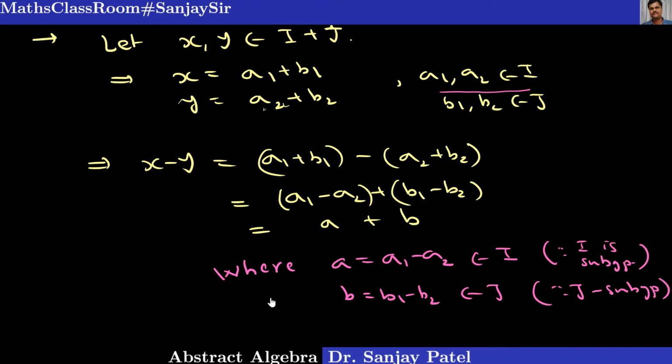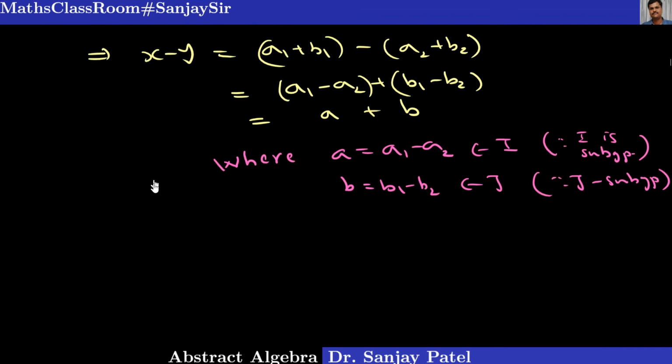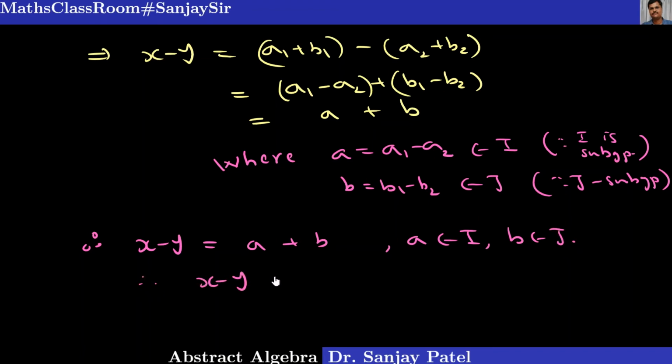So what I have proved is x minus y is of the form a plus b, where a belongs to I and b belongs to J. So therefore, the conclusion is x minus y is a member of the set I plus J.